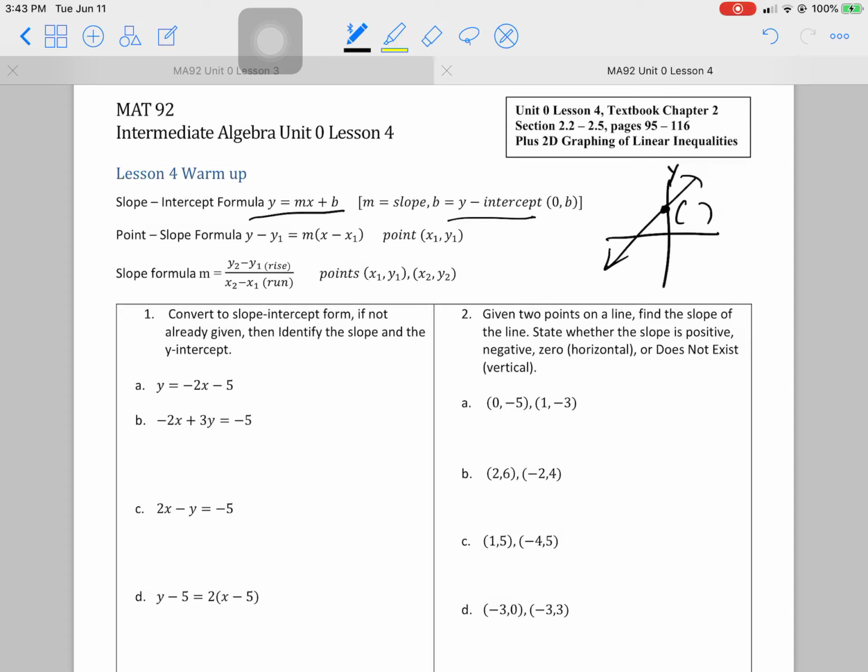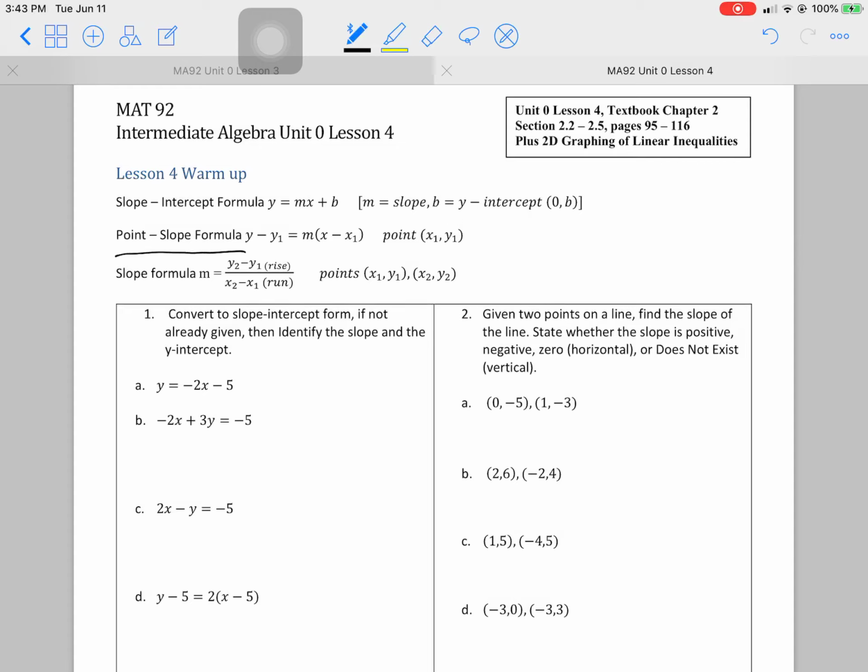That ordered pair right there, x would be 0, and the y would be whatever number that b is, okay? So if you have y equals 2x minus 5, or let's say plus 5, then this would be a 5 right there, okay? We're going to do examples in just a second.